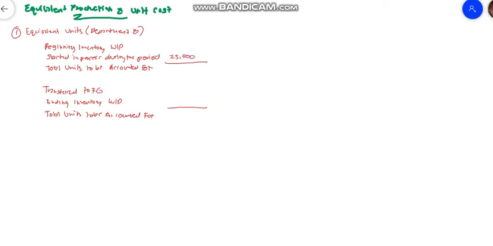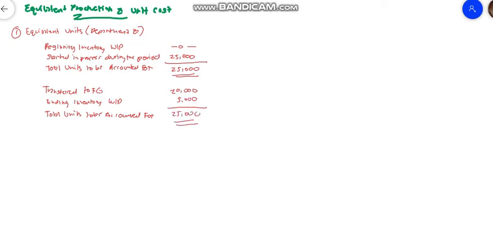Therefore, there is no beginning work in process at this point. So the total units to be accounted for is 25,000. The number of units transferred to finished goods is around 20,000, while the work in process ending inventory is 5,000 units. Okay. So that is a total of 25,000.